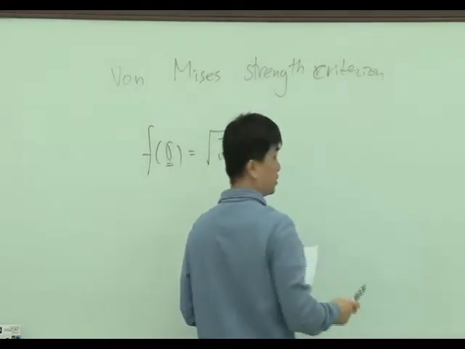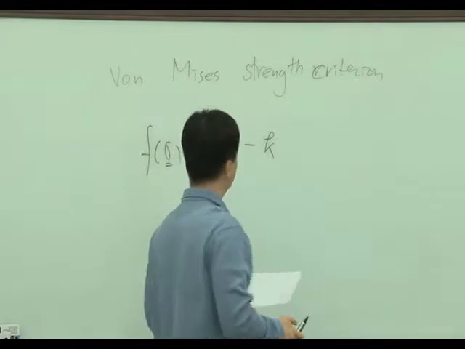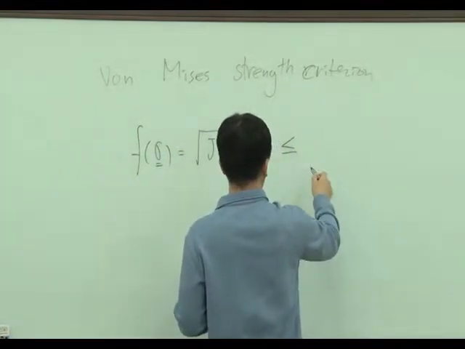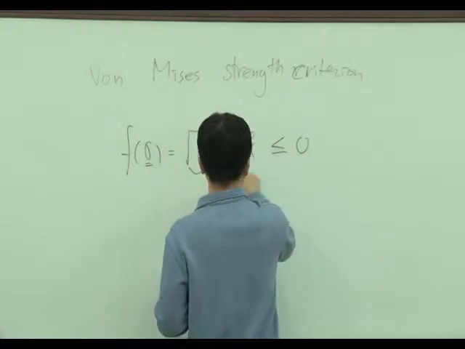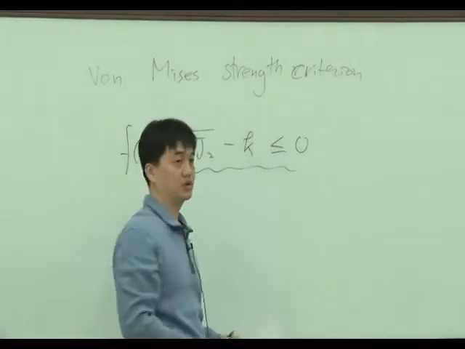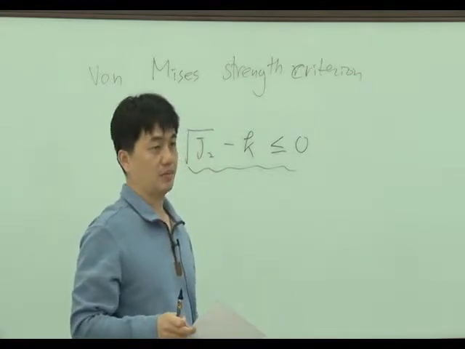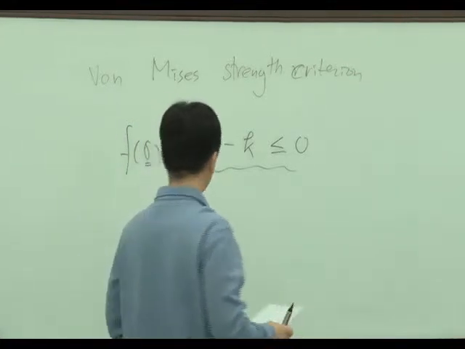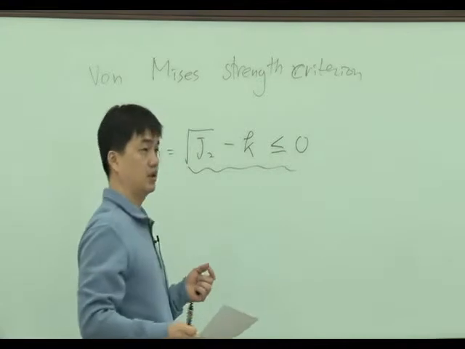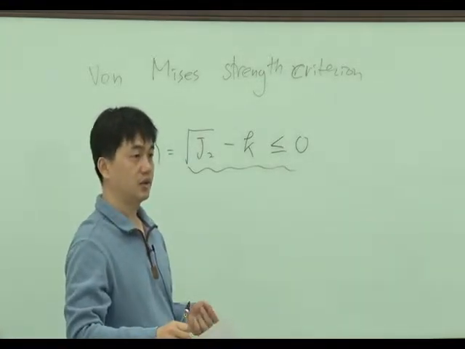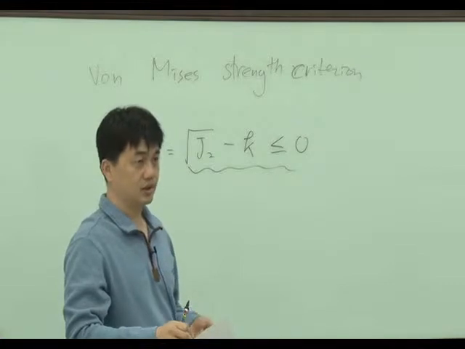So the stress state should satisfy this condition. If this condition becomes zero, it means the material failure happened, right? J2 is the second invariant of deviatoric stress, right?